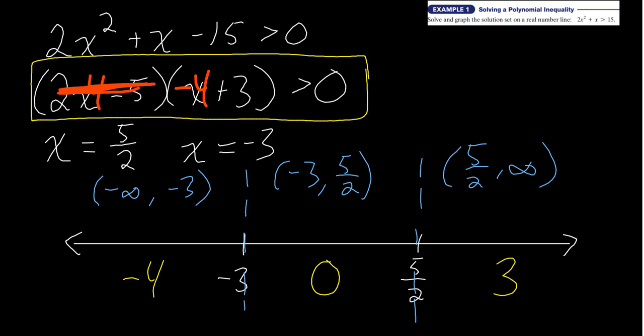Okay, and then I've got a -4 plus a +3. Well, -4 plus a +3 is a -1. And again, I don't necessarily have to know exactly what it is. It does help, obviously. But I know that -4 and a +3 gives me a negative number. Okay, so now it's going to be a negative times a negative. And a negative times a negative is a positive, and a positive number is indeed greater than 0.